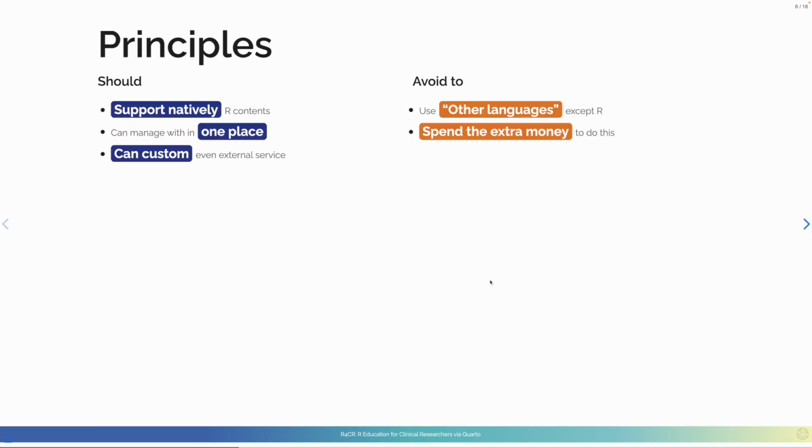So I was thinking someday I should solve this issue, and to make some solution, there should be some principles to keep. The first one is it should support R natively. For example, not an image of code or plot results, but including the result itself.